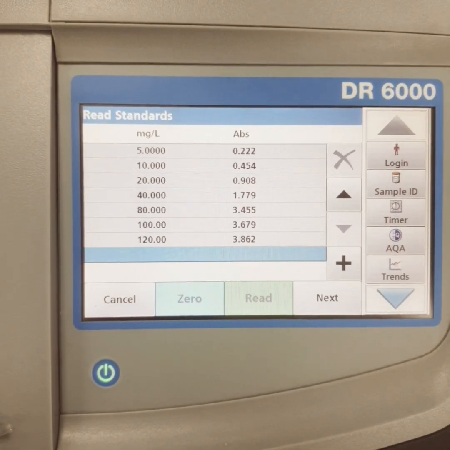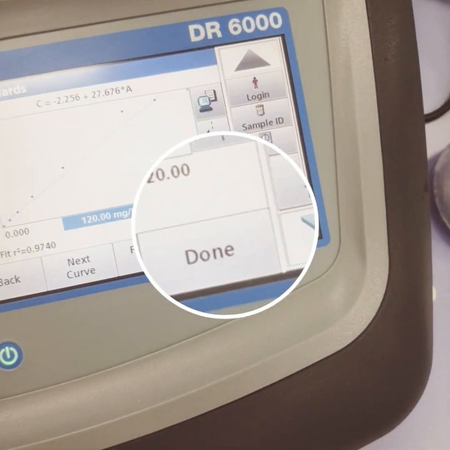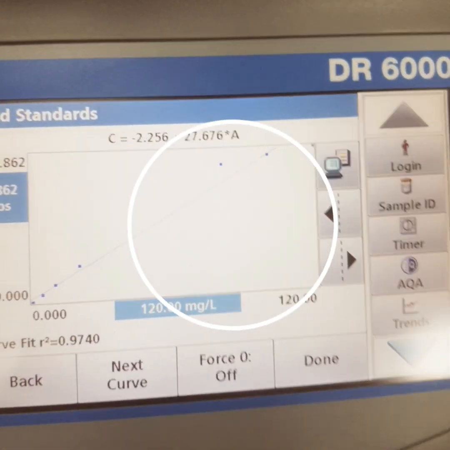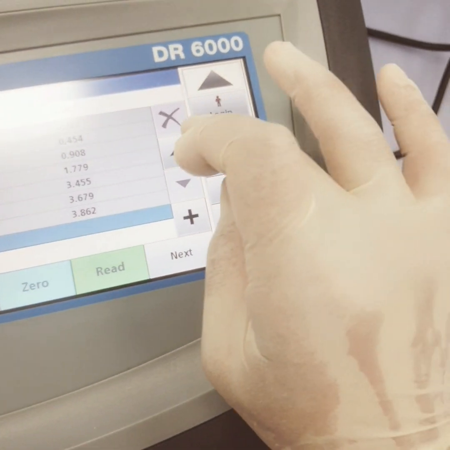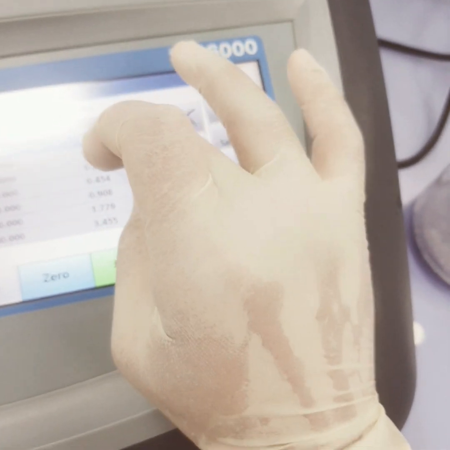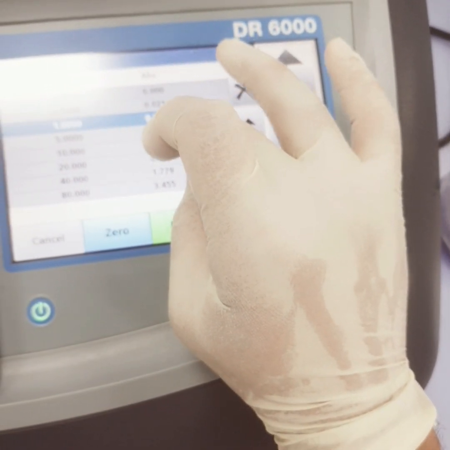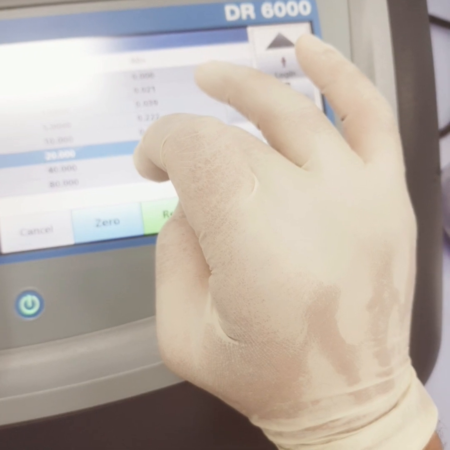We have a lot of points in the calibration curve. So let's go next and then see some of the points are going out of the line, so we'll go back and check. Okay, so this is double, this is also okay, this is also okay, this is also okay.